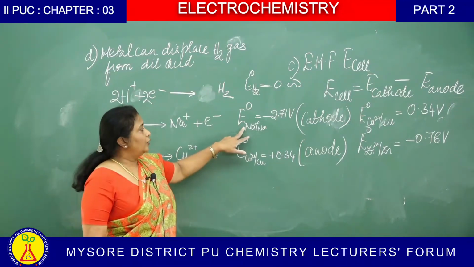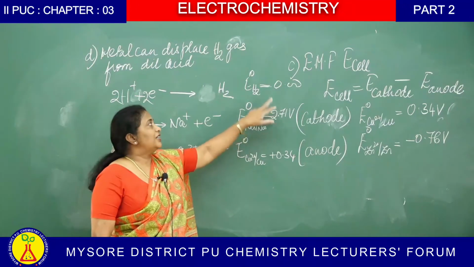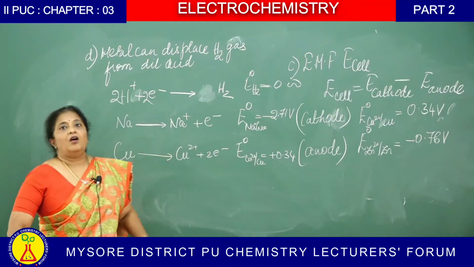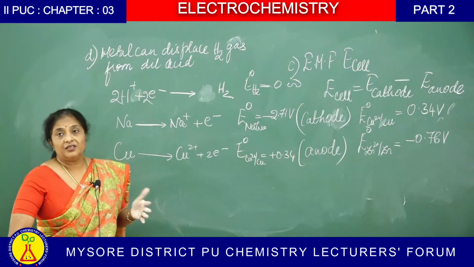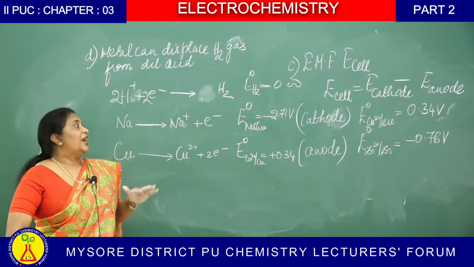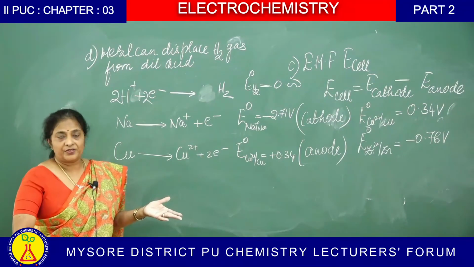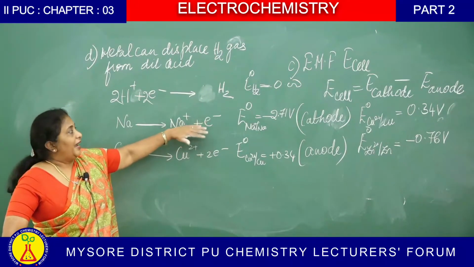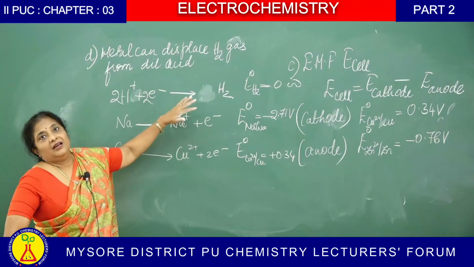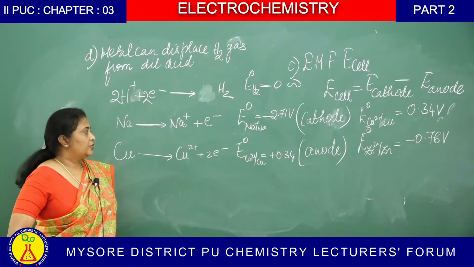Since the standard reduction potential of sodium is lesser than that of hydrogen, or more negative than that of hydrogen, the reaction can take place, and it can displace hydrogen gas from a dilute acid solution.